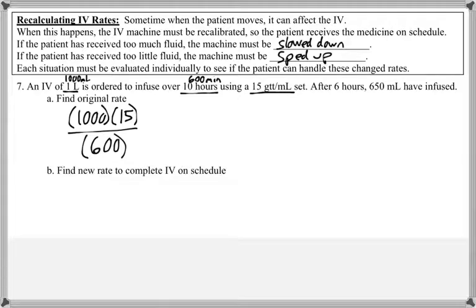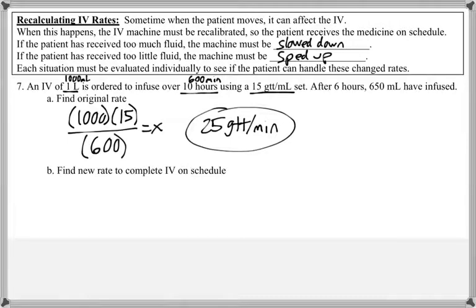And we get 25. So that is the original rate.